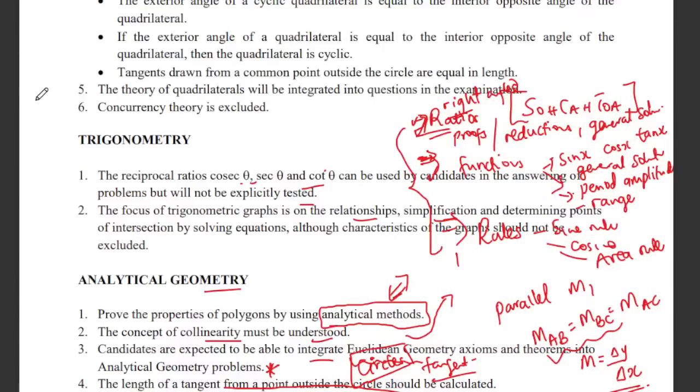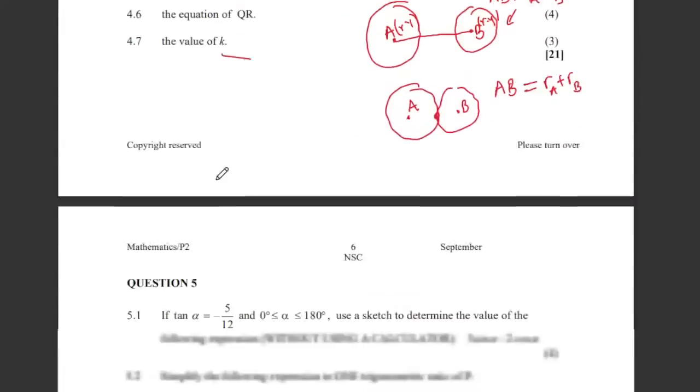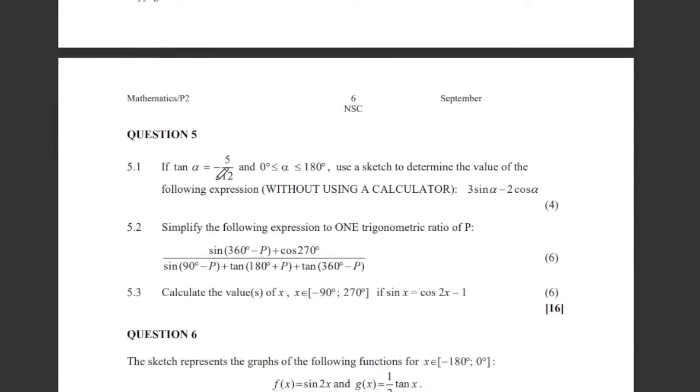So let's see, as we break down this further, they are telling us that if we have a question like this, which in most cases doesn't miss, né? They give you that tan alpha is equal to this, and then they give you the range of degrees where we must find this. Then they are telling you to use a sketch to determine the value of the formula. So there are scenarios where we use the sketch.